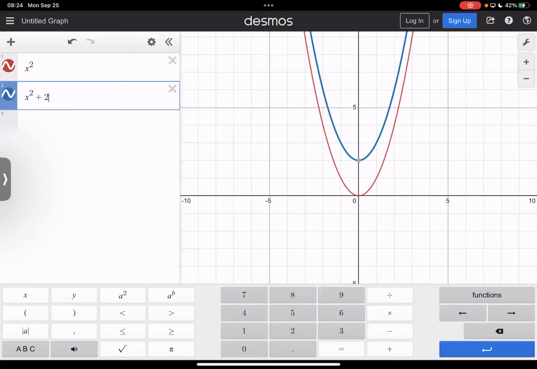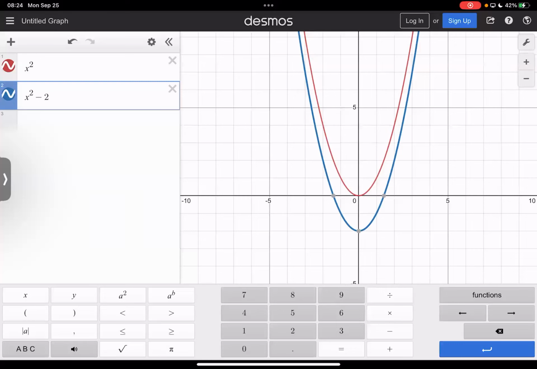That does what we expected it to do, right? I take my function, the x squared, and then I add 2, or if you want, you can subtract 2 or some version of that, right? That was the vertical shift.